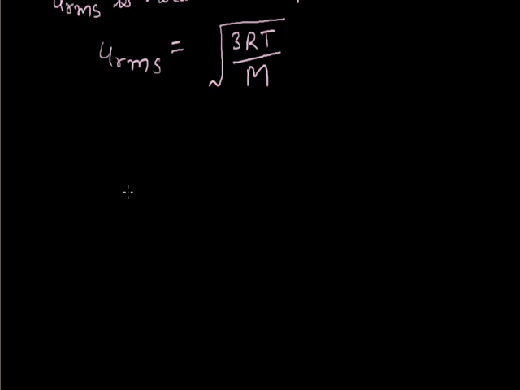Now we'll represent it with the distribution of molecular speed of chlorine and nitrogen at 300 Kelvin.